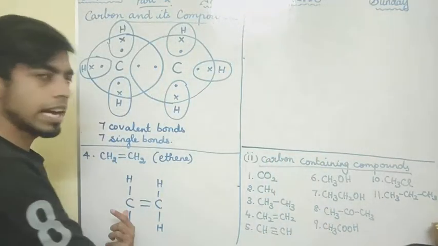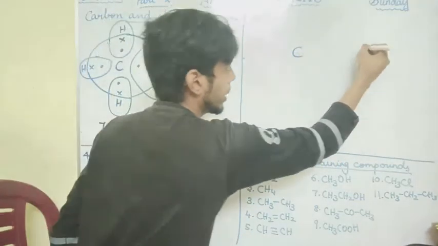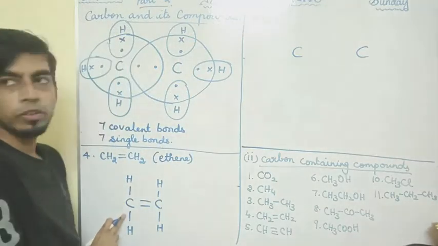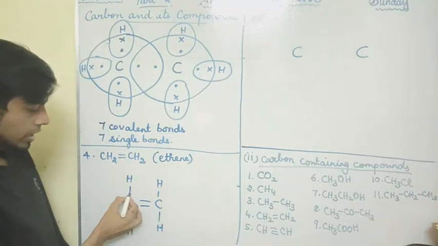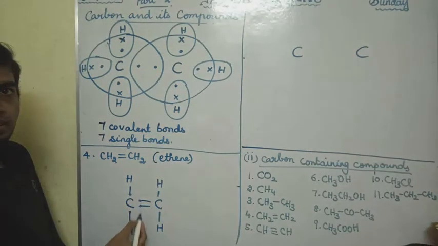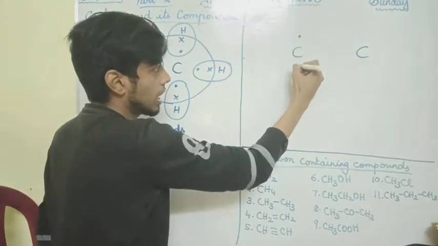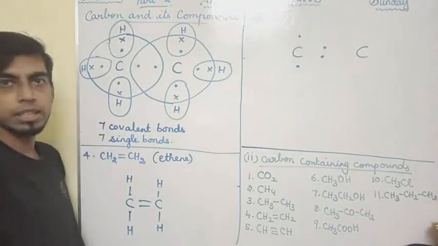So first I have one carbon this side and another carbon this side, so that I am drawing. For each carbon I have to put 4 dots. So how will I put these 4 dots? 1 dot here, 1 dot here, and 2 dots I have to put this side. Same way, 1 dot here, another dot here, 2 dots I have to put in the middle.